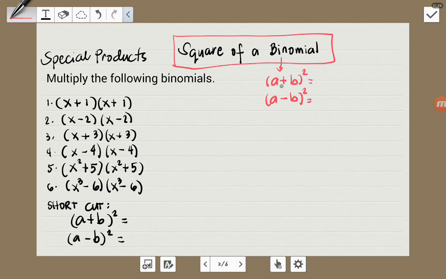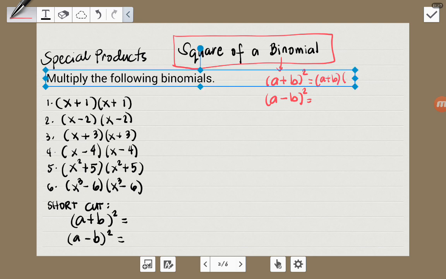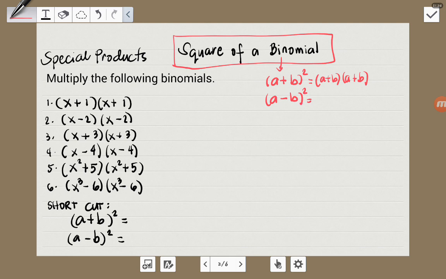Ang square ni a plus b ay i-multiply mo ang base na a plus b sa kanyang sarili ng dalawang beses. So, that's a plus b times a plus b. Ang square naman ni a minus b ay a minus b times a minus b. Yan ang ibig sabihin ng square of a binomial.